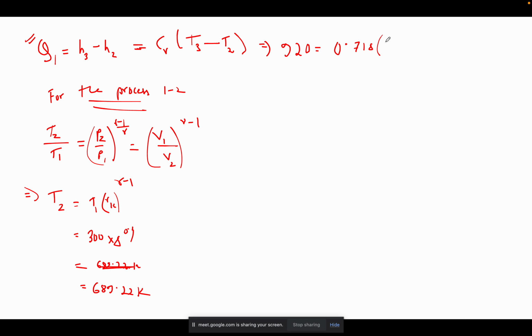Now we don't know T3, but we know T2, and from here we can calculate T3, which is nothing but T max.